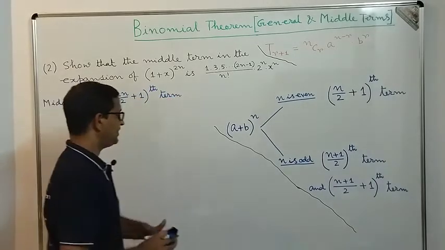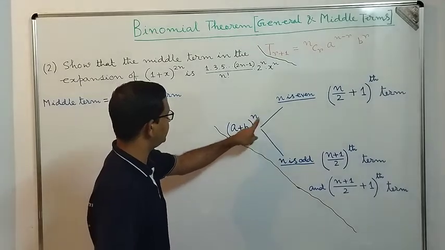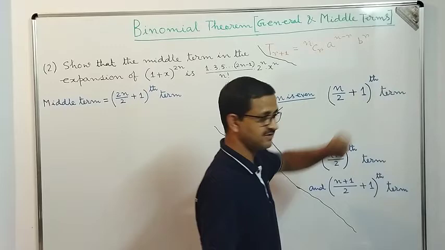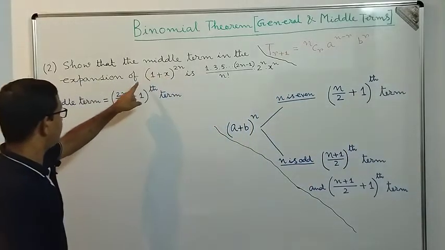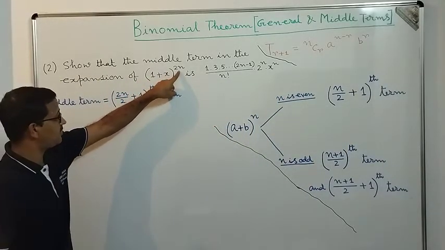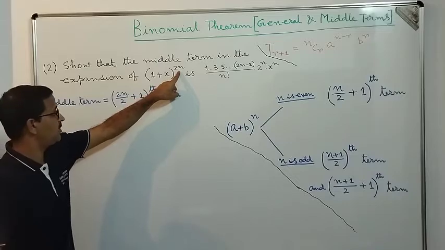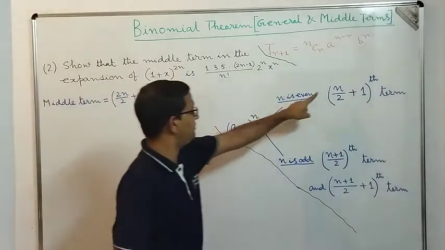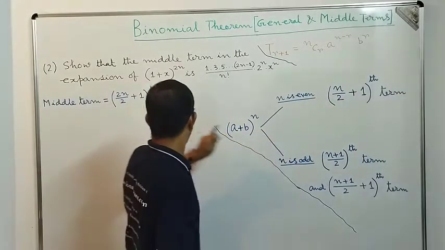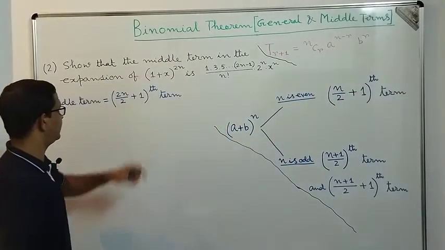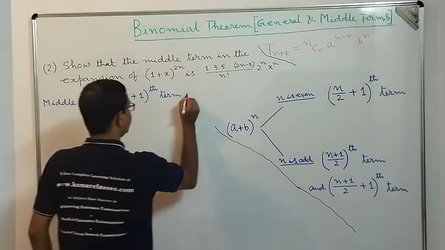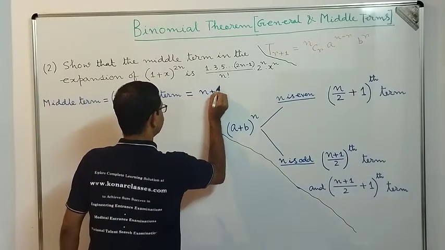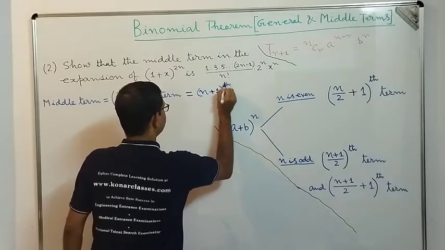We know in the expansion of (a + b)^n, when n is even, the middle term is the n by 2 plus 1th term. In context to our question, it is (1 + x)^(2n). So as 2n is an even number, its middle term should be 2n by 2, that means n plus 1th term. So this is equal to the n plus 1th term, correct?